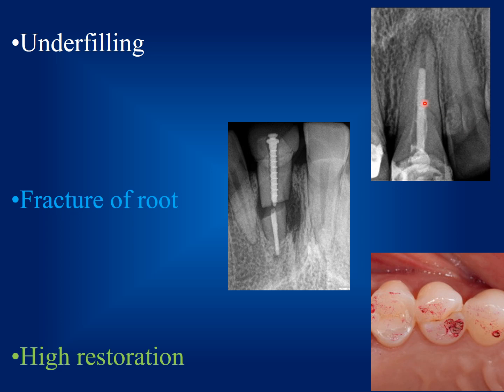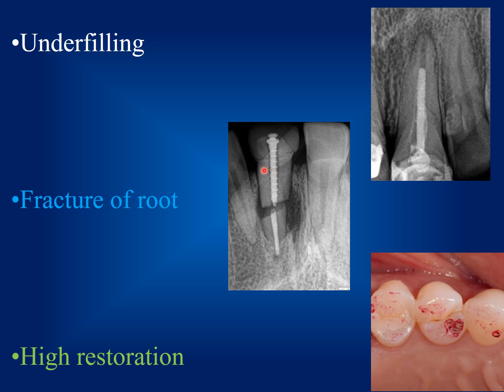Underfilling of the root canal, leaving space here in the apical region, will make infection because there will be an intrusion of remnants of bacteria and they exudate in this space, and there will be multiplication of bacteria causing reinfection, therefore pain.